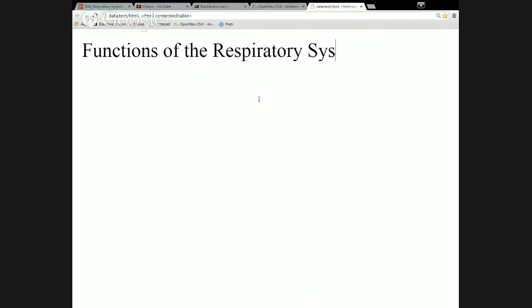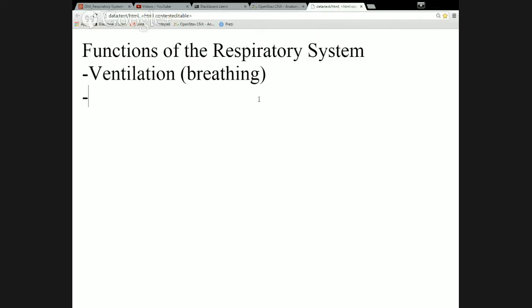To start that out, however, let me just lay out the functions of the respiratory system. First off, there's ventilation, which is breathing, getting air in and out of our lungs.